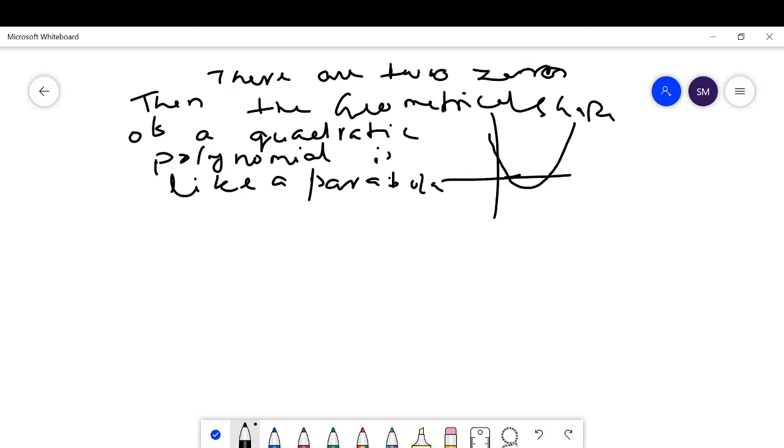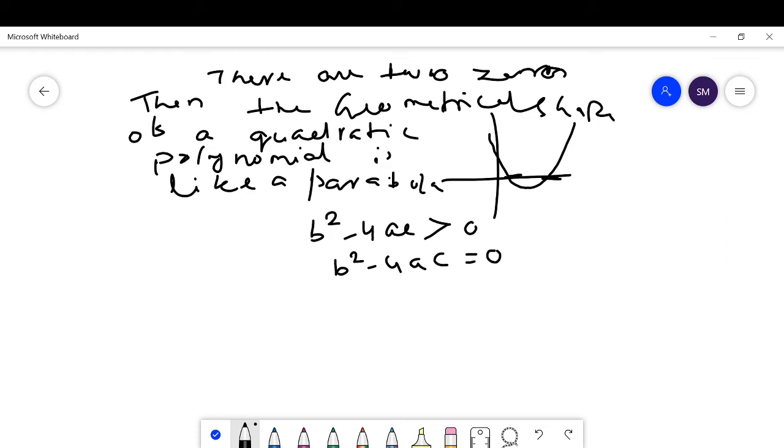It touches the x-axis at two distinct points when b square minus 4ac is greater than 0. When b square minus 4ac is equal to 0, then the quadratic polynomial is a perfect square.